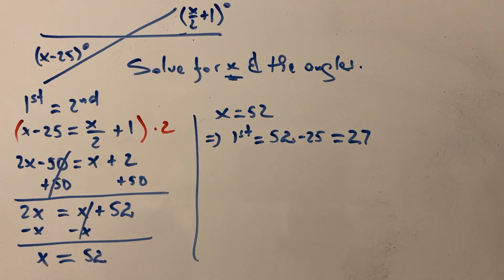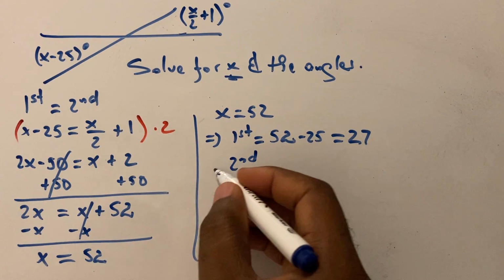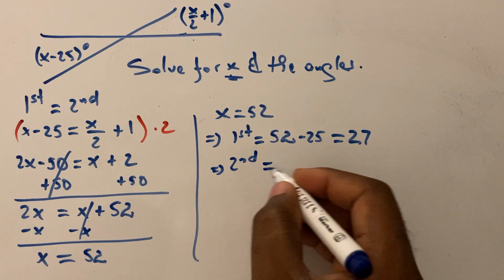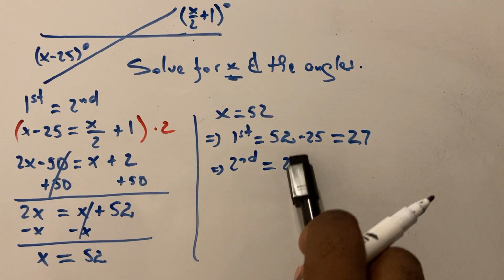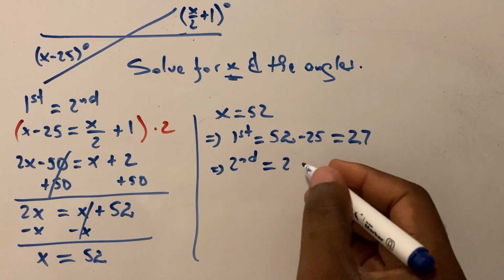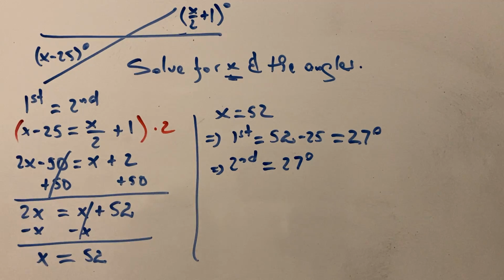And once we get 27, we know that the second angle is pretty much the same thing, 27 degrees. Why? Because we know that opposite angles are actually equal, okay?